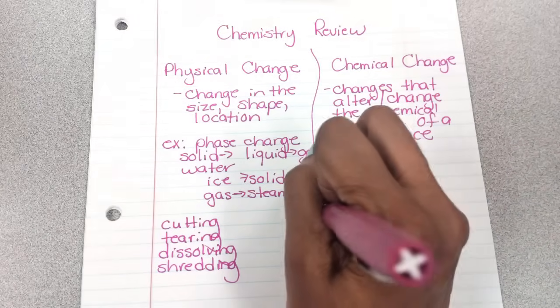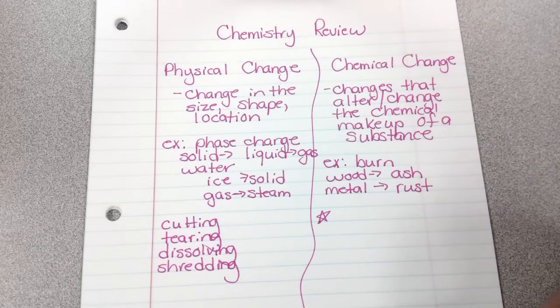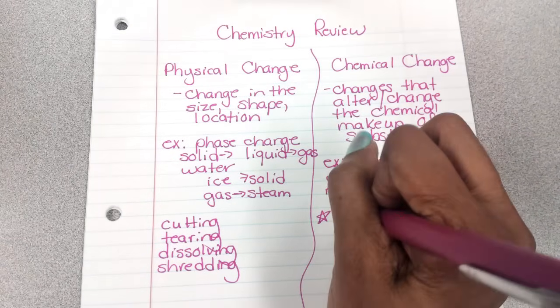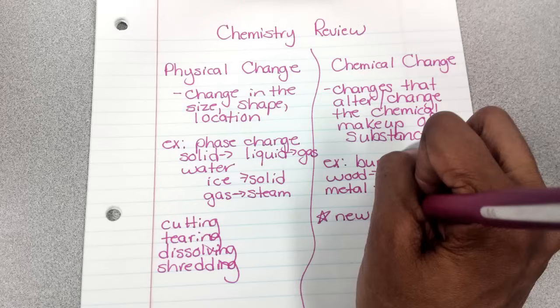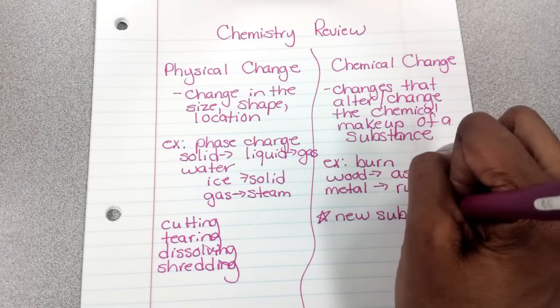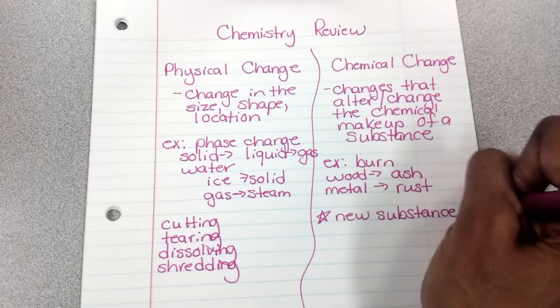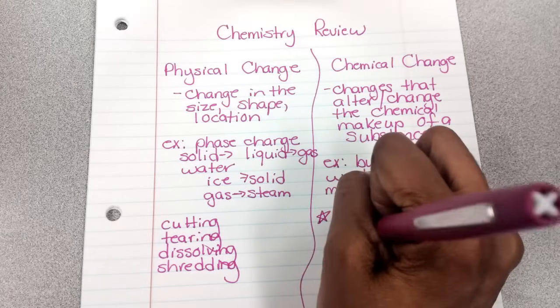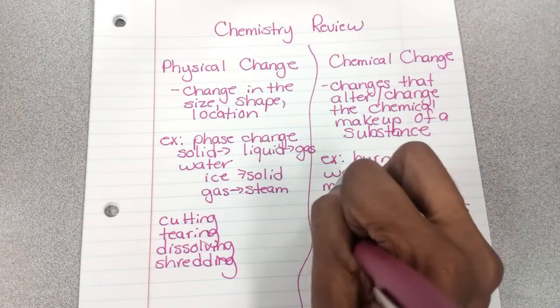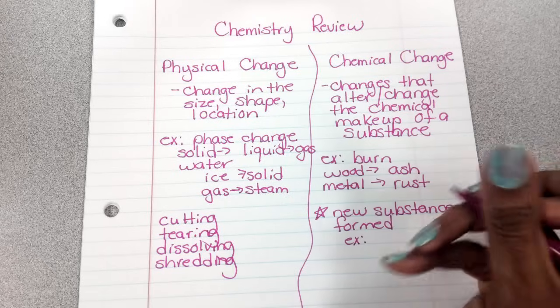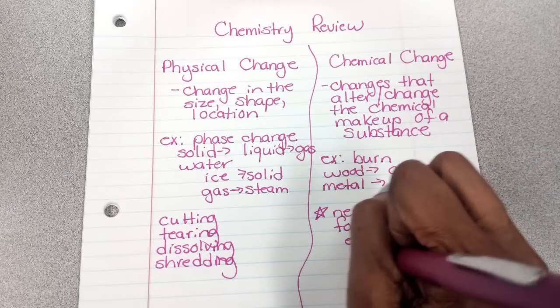Okay? The big thing you need to know for your test, hint, hint, is that a new substance is formed in a chemical change. Okay? A really good example is a glow stick.